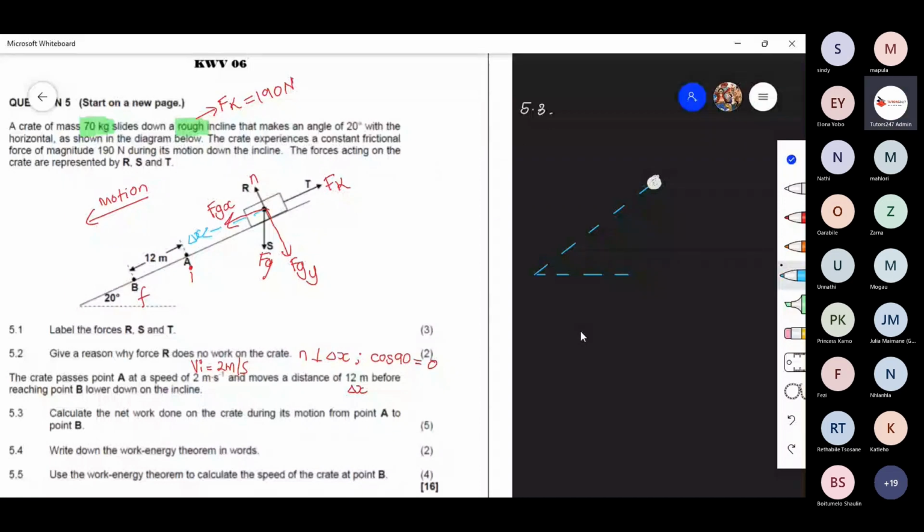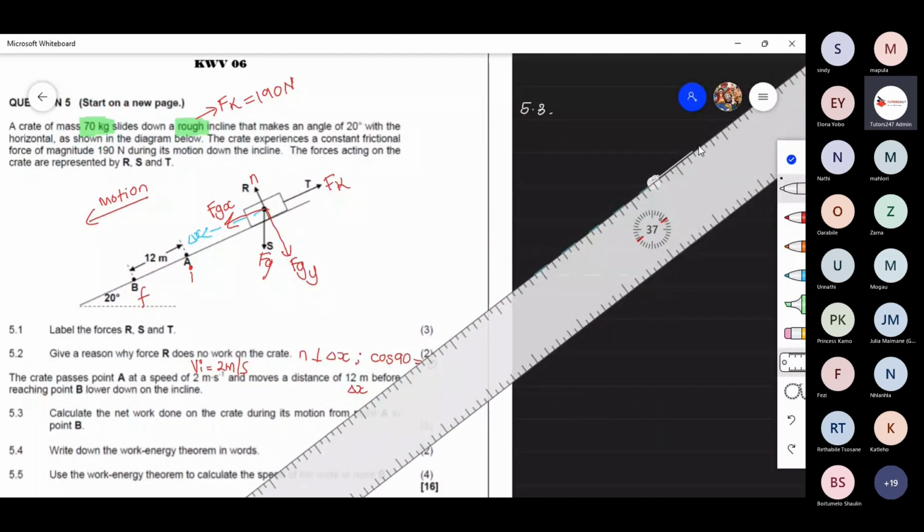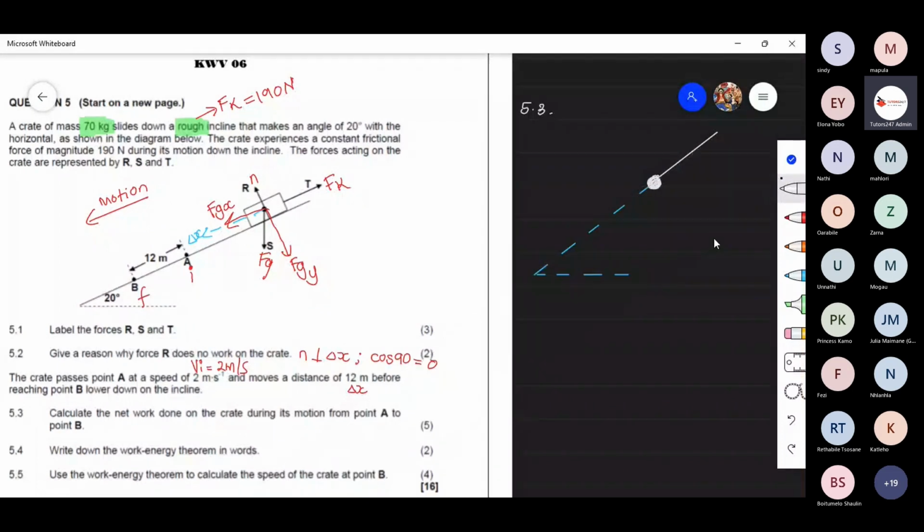So let's start with our kinetic friction. Kinetic friction is acting up the incline because the object is moving down the incline. Always keep in mind that kinetic friction acts in the opposite direction to the motion of the object. Okay.